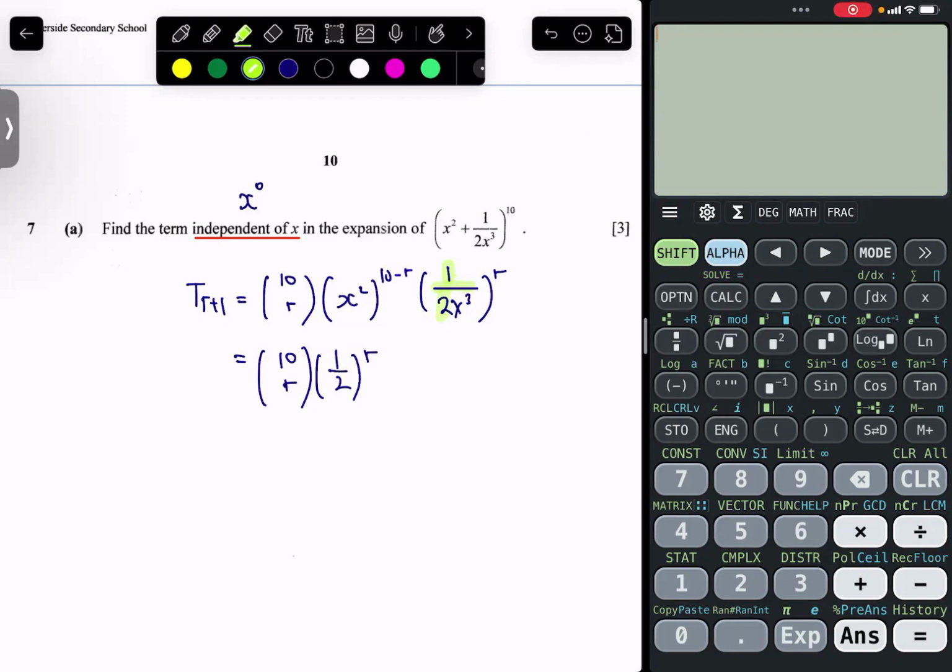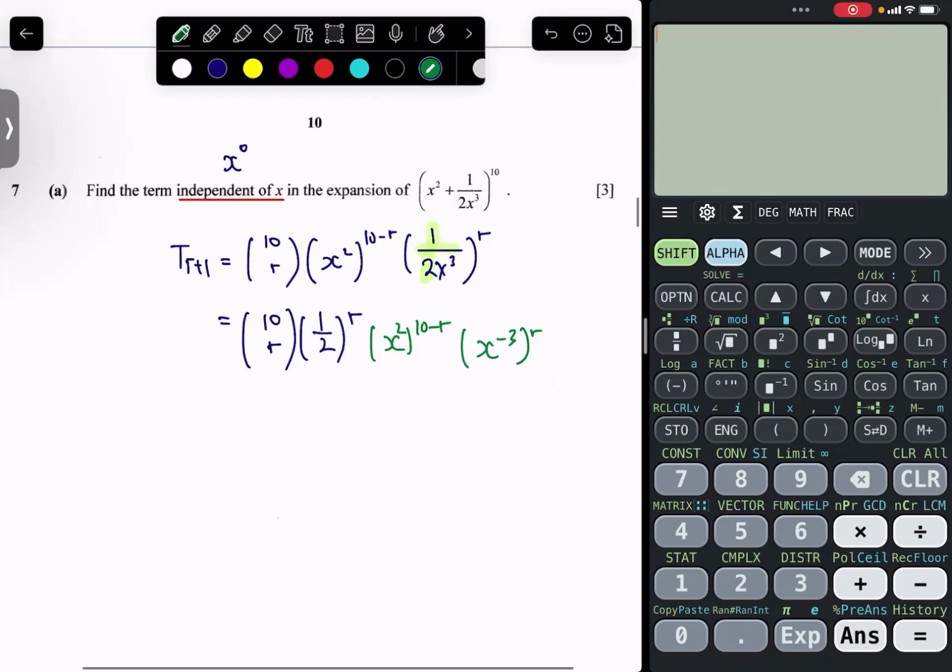Then I also have (x squared) to the power of 10 minus r multiplied by x to the power of negative 3, to the power of r. Where did the x negative 3 come from? In this law, I shift it up. So the power of x is given by x to the power of 20 minus 5r, the combination of these two.